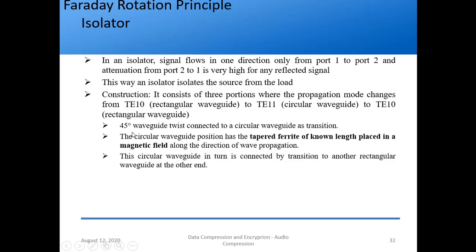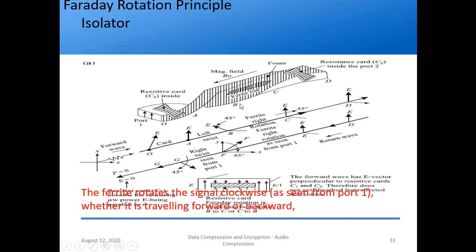Then the circular waveguide portion has the tapered ferrite of known length placed in a magnetic field. Again, I mentioned in the previous slide that the rotation depends on the length of the ferrite and the magnetic field also. So that's why I have kept it in both. The circular waveguide portion has the tapered ferrite of known length placed in magnetic field along the direction of wave propagation. So inside the circular waveguide we have this ferrite rod.